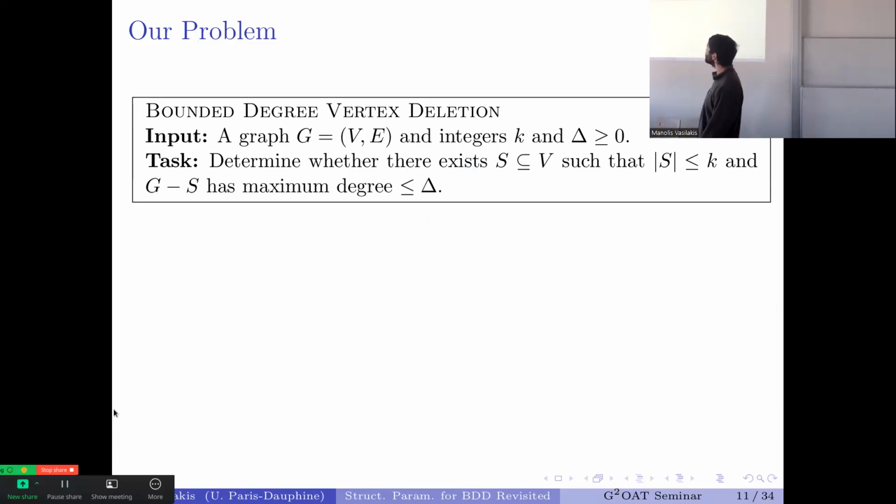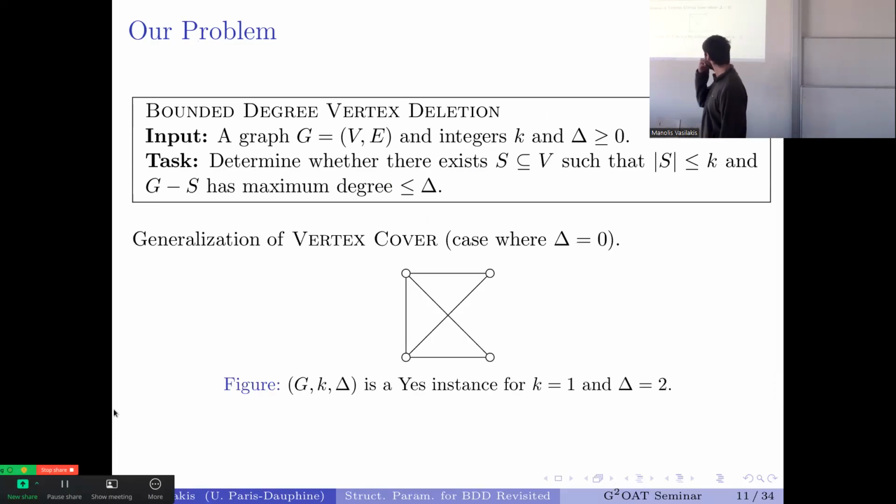And here's the problem that we will work on. This is a generalization of vertex cover. Essentially, we want to delete at most k vertices such that the remaining graph has degree at most delta, for a given k and delta. So for delta equals 0, this is vertex cover, right?